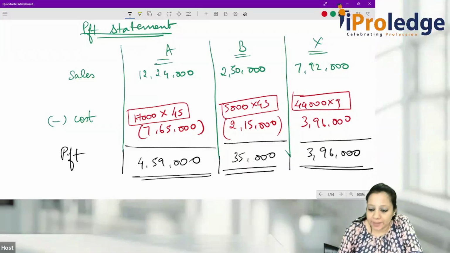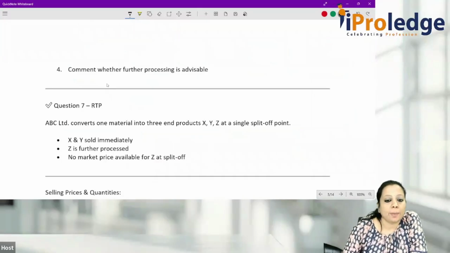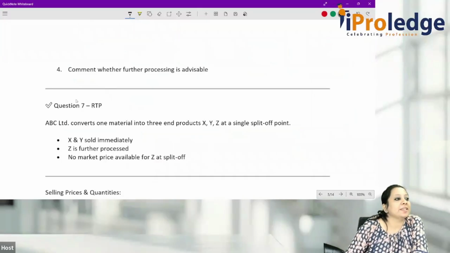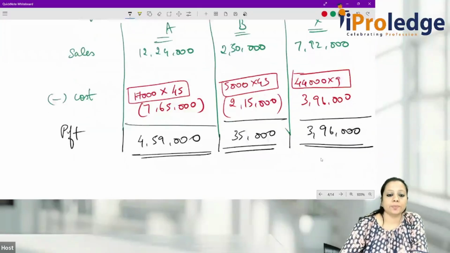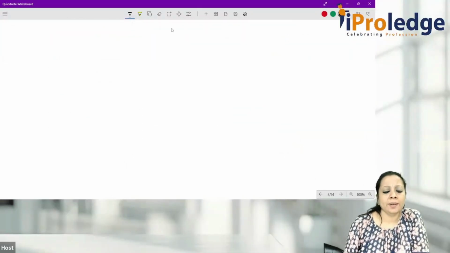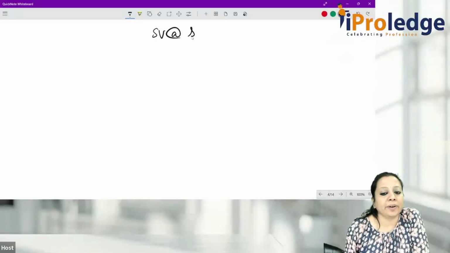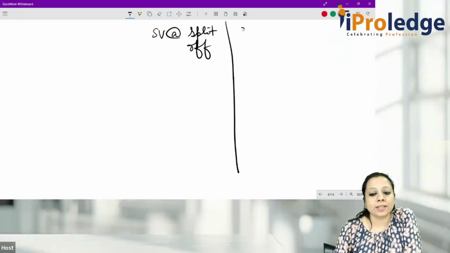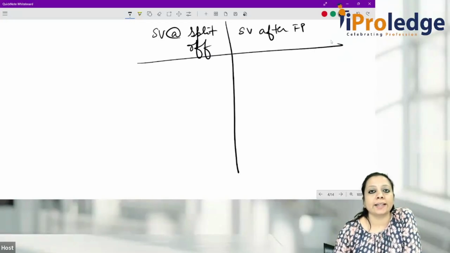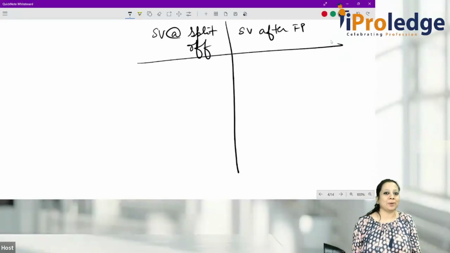Now we will go to the next one, that is to comment whether further processing is advisable or not. That is the last question. We compare sales value at split-off, whether it is better to sell it as paneer or as cheese, with sales value after further processing. Based on this only, we'll be able to compare.